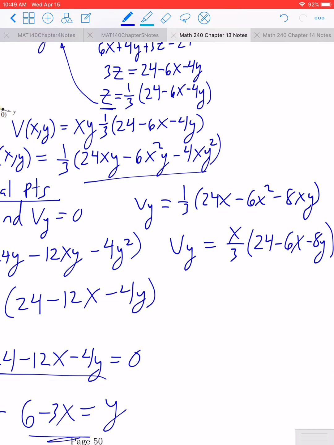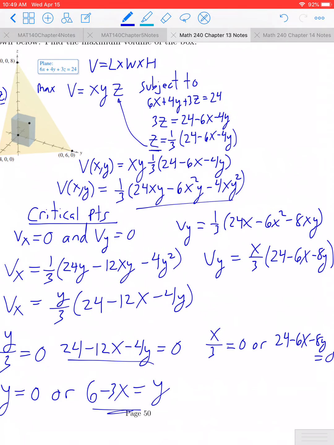If we set Vy equal to 0, we get x over 3 equals 0, or 24 minus 6x minus 8y equals 0. This first one would imply that x equals 0.